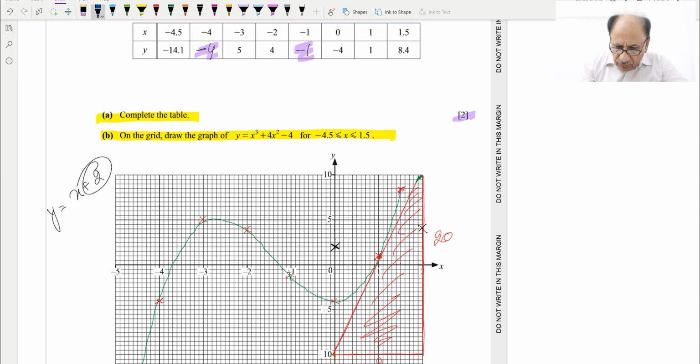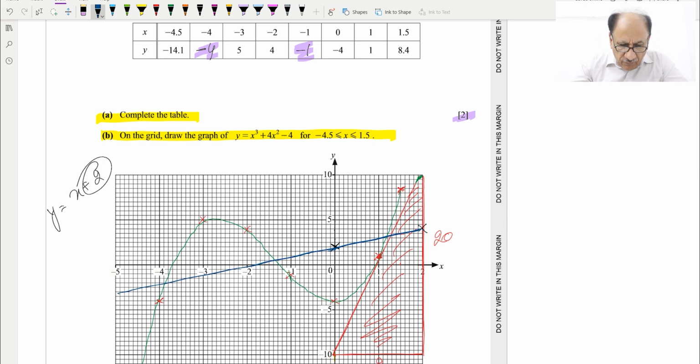Like for example, if I draw the line, I'm trying to be as accurate as possible. So this line should be like this, and if I extend this line, this will be like this one.